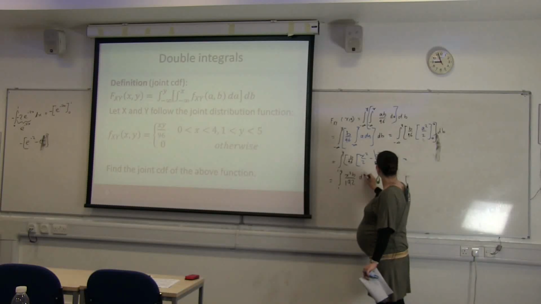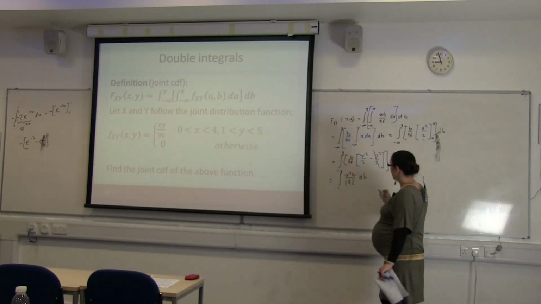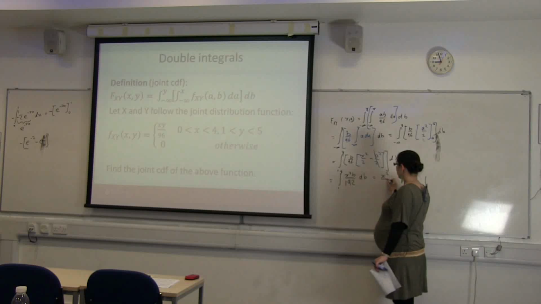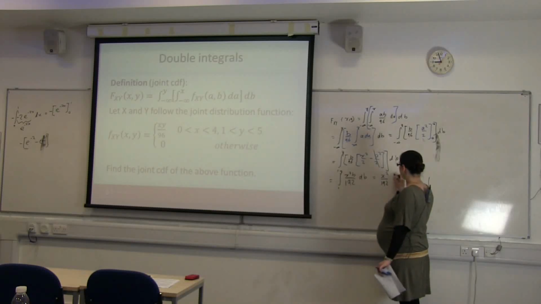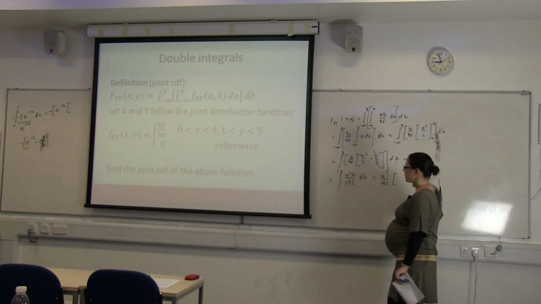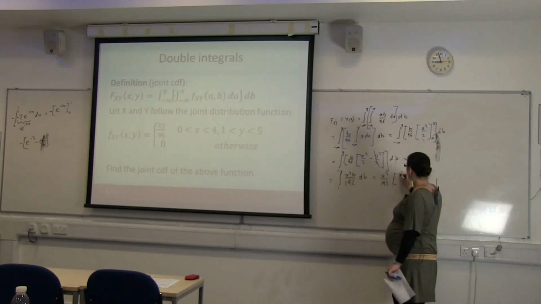Okay, dB. So I'm integrating with respect to b, so x squared and 192 can be taken out. And what's the integral of b dB? Of b squared over 2. And the limits are again 1 to y.